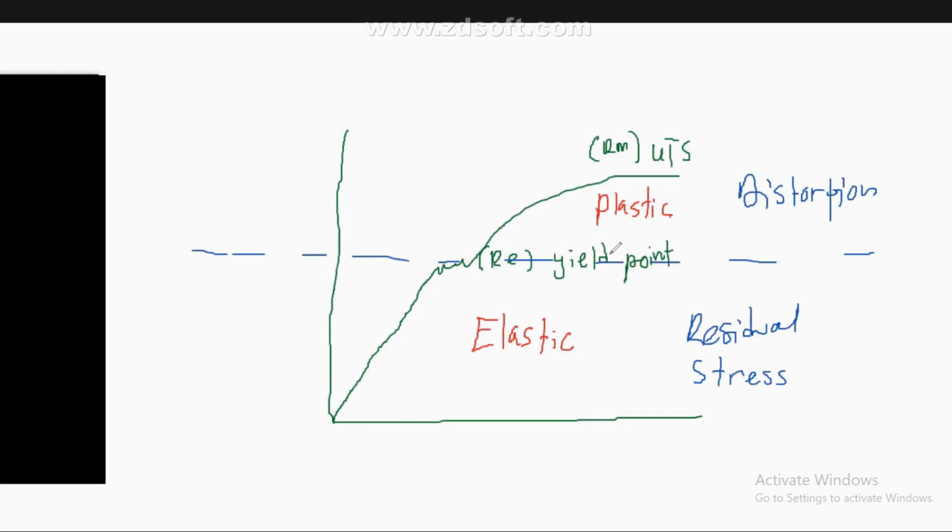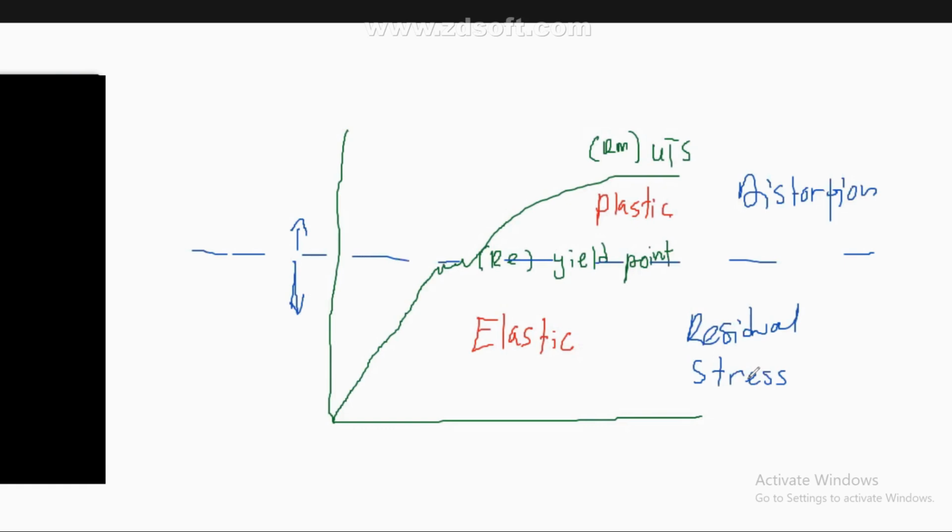Copy this one. What does it mean? If you got low yield, what happens to distortion? Higher. If we got Re yield point higher, small distortion, high residual stress.